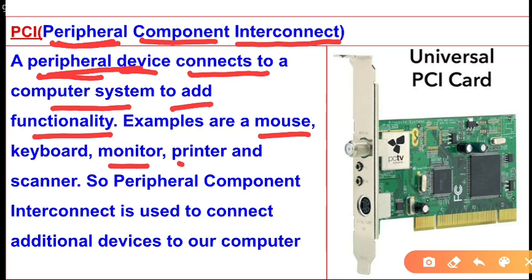Then a printer and a scanner are also peripheral devices. If you connect a big speaker to your computer, that is also a peripheral device. So mouse, keyboard, printer, monitor, scanner, speaker, microphones, different types of microphones, all these devices come in the category of peripheral devices.